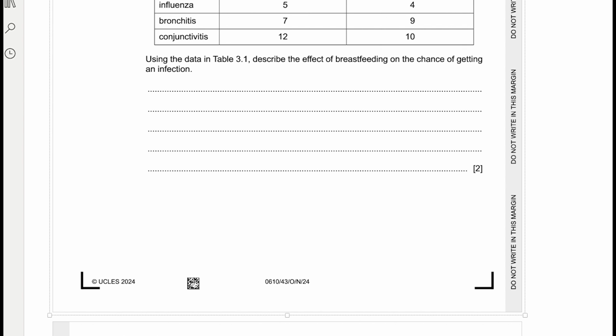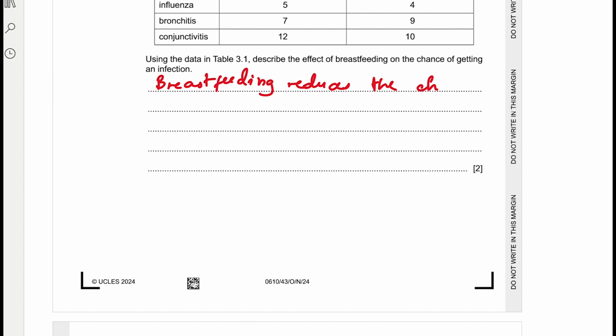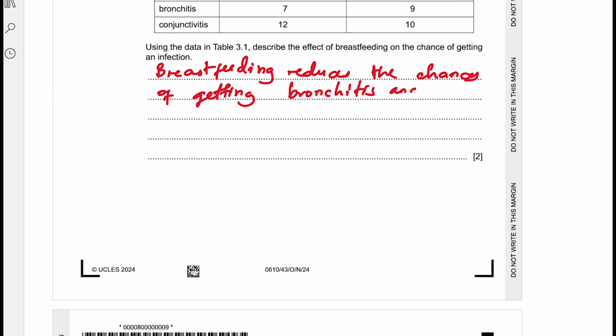Alright, so breastfeeding reduces the chances of getting bronchitis and gastroenteritis.